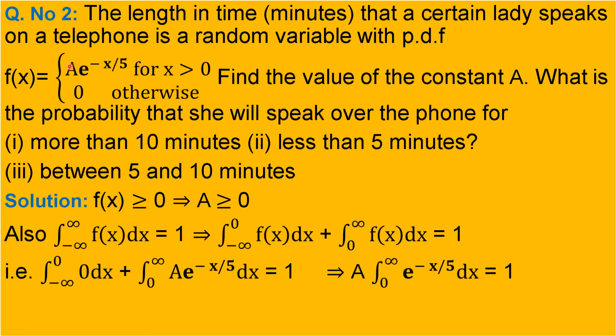So this a, which should be alpha, should be 1 by 5. The coefficient outside and the coefficient of minus x in the power of e are both the same. So here the coefficient of minus x is 1 by 5, so this a must be the same as 1 by 5. So without all these many calculations, we can get that a directly also.